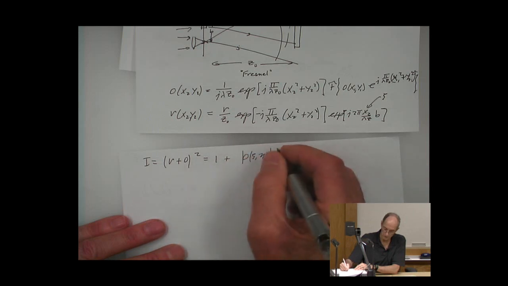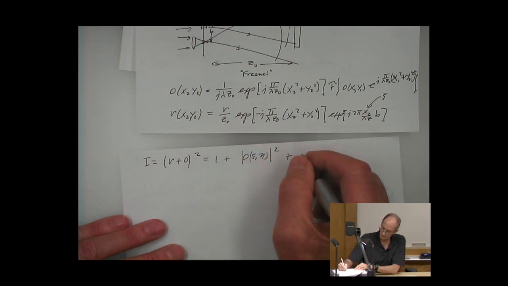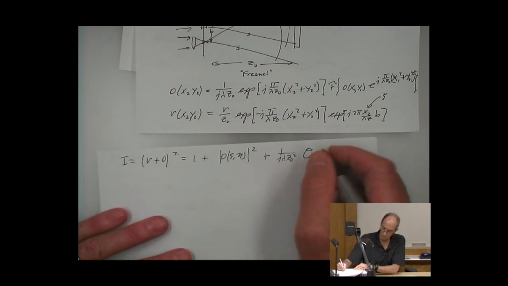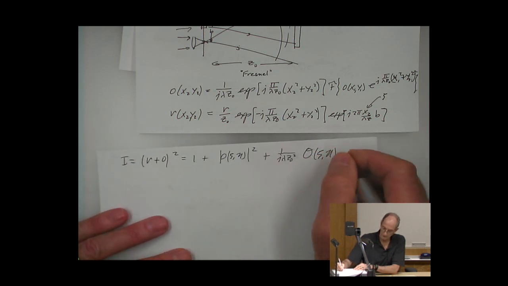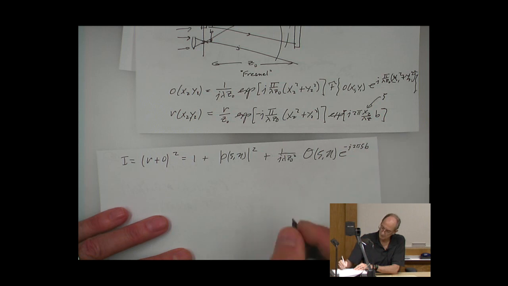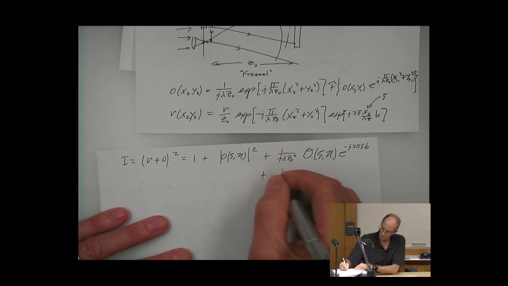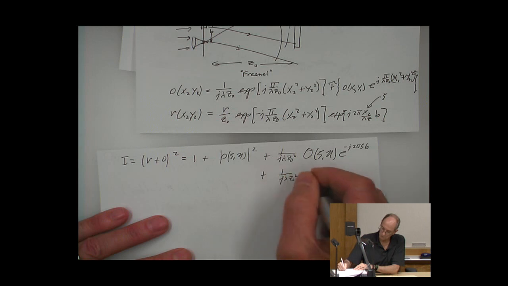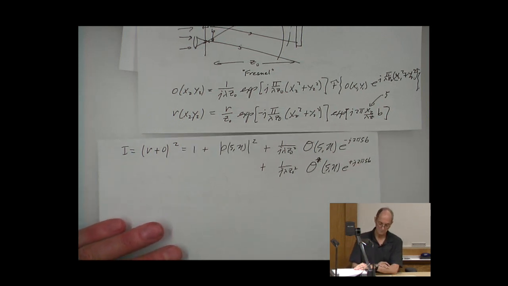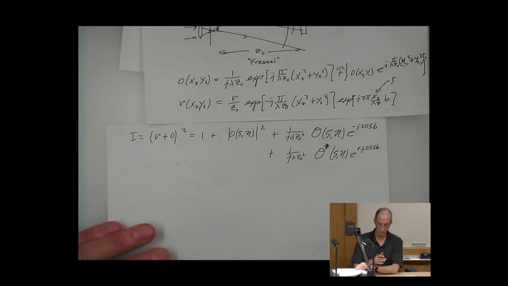This quantity squared, and then we have a factor out front here, 1 over j lambda z0 squared, O, the Fourier transform of chi, eta, and then we have that shift term, e to the minus j 2 pi chi b, and then we have plus 1 over j lambda z0 squared, O star of chi, eta, e to the plus j 2 pi chi b. All right?